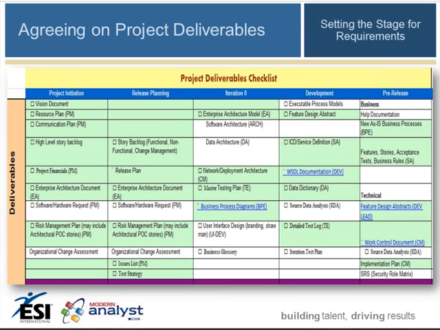And in release planning, you will see the first of the documents that represent unique documentation requirements of Agile, story backlog, the release plan. EA documentation is probably more typical of traditional projects, but it's equally applicable here. And as a result, you see it included in this list. And in the development phase, you see a documentation list that represents some unique to Agile and some fairly standard.